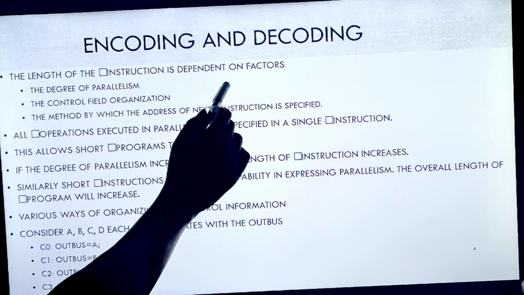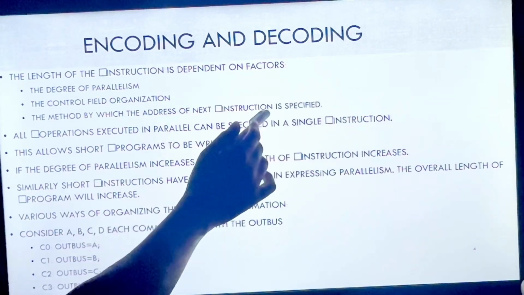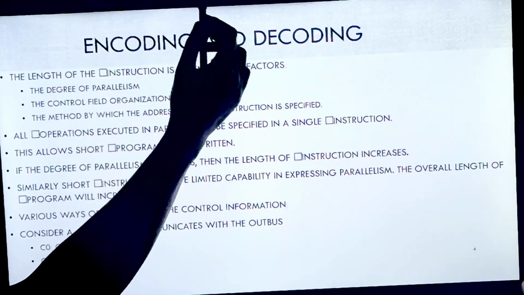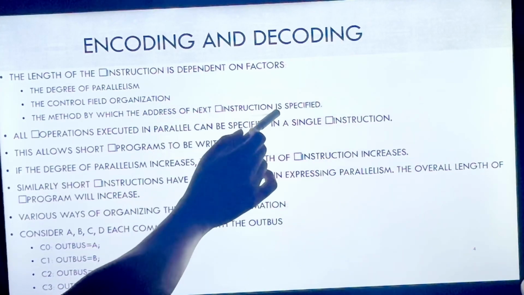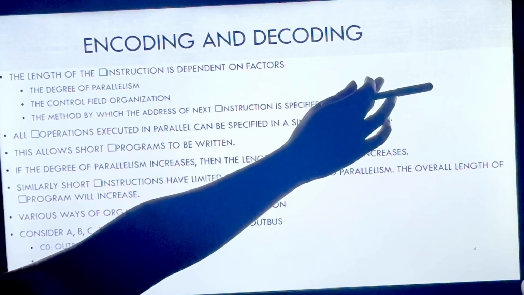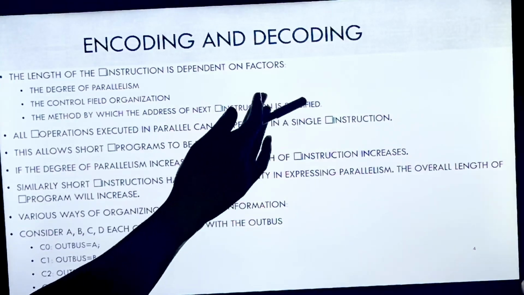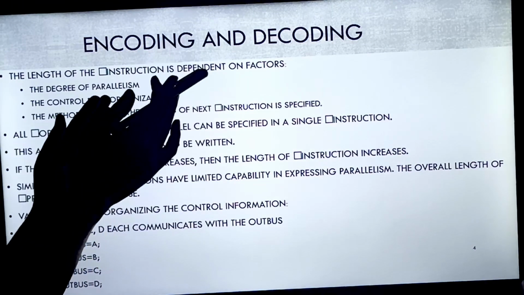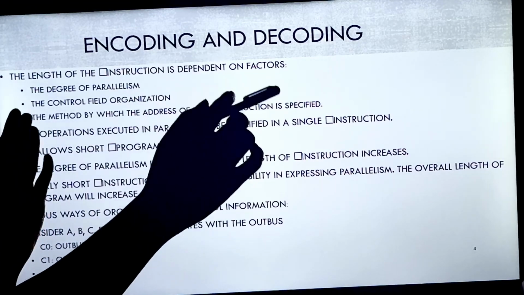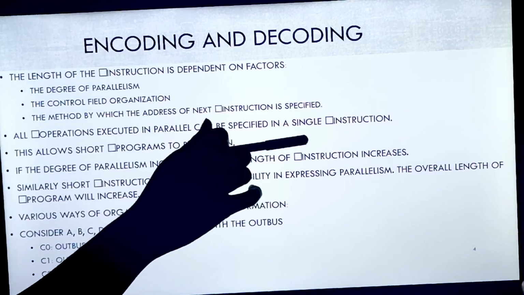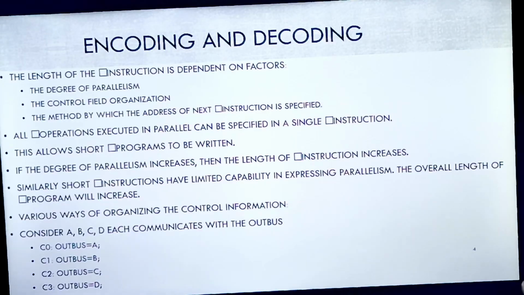Of course, if you are executing all the control signals in one microinstruction, then you need more bits of information to store, so the length of the microinstruction will be more. If you are using fewer control signals in each microinstruction, then the length will be less. So greater length means a higher degree of parallelism, and smaller length means a lower degree of parallelism.